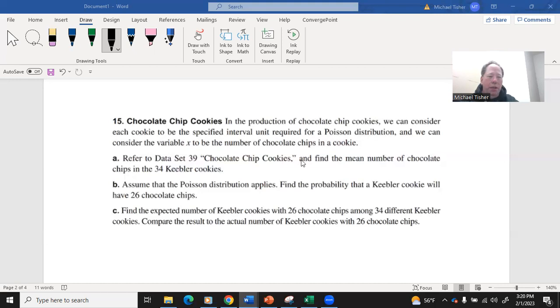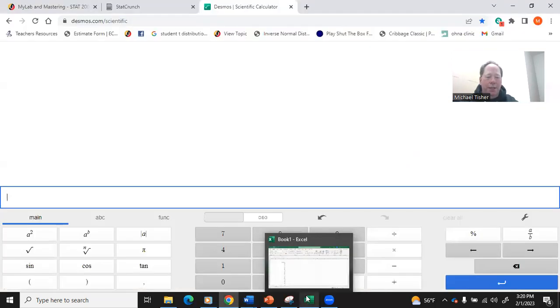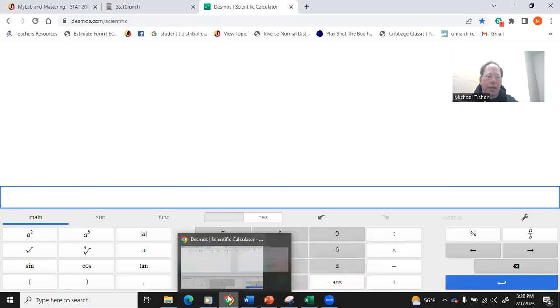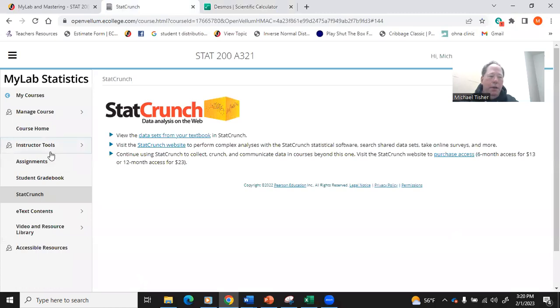Okay, to do this one, data set 39 is in this program that we call StatCrunch. StatCrunch is a very powerful statistics program that I totally recommend. Here we have StatCrunch in my lab statistics.